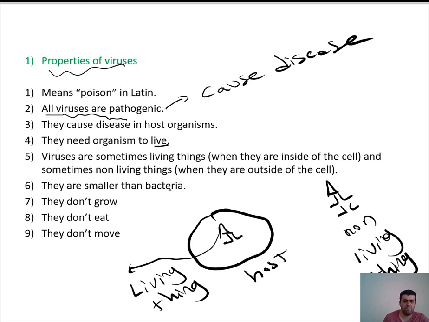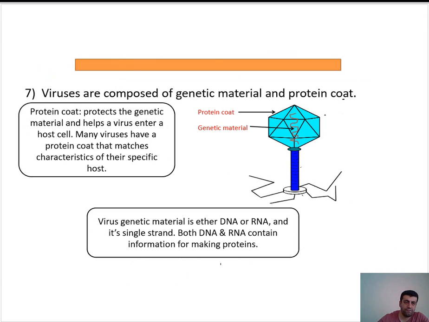They are smaller than bacteria. They don't grow. They don't eat. They don't move. Viruses are composed of genetic material and a protein layer. That means genetic material, DNA or RNA. The protein coat protects the genetic material and helps a virus enter a host cell.